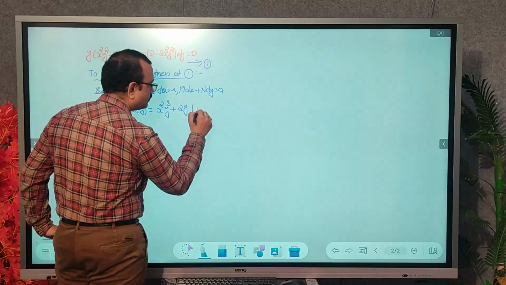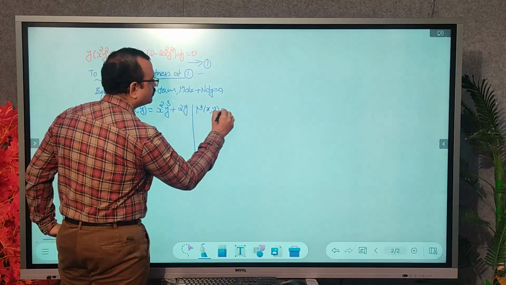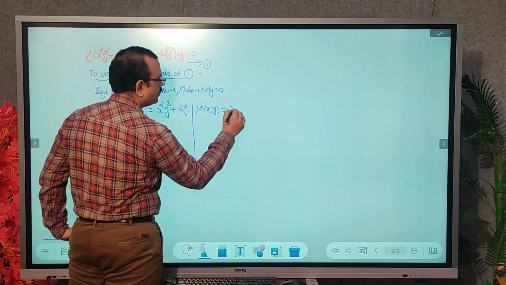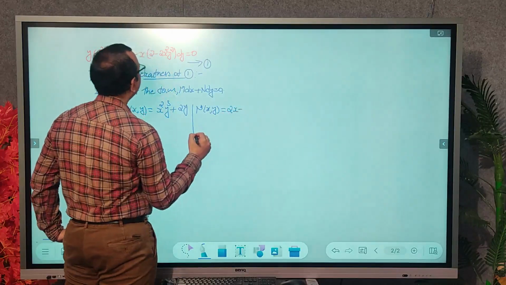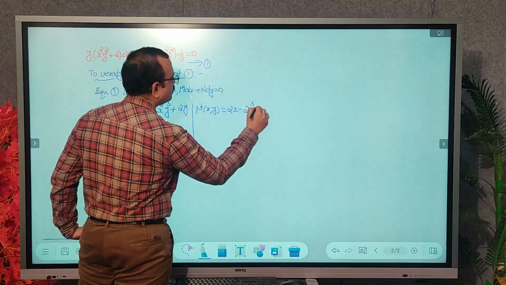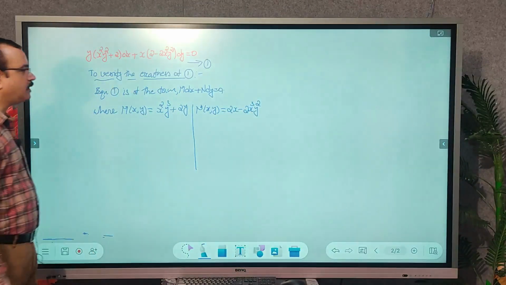And N is equal to, multiplying with x, 2x minus 2 x cube y square. So that is the M and N we have.